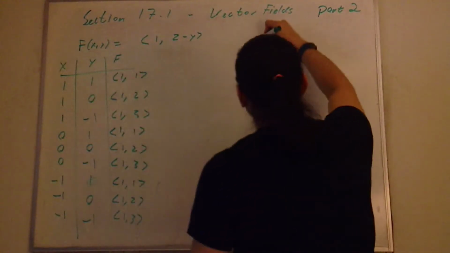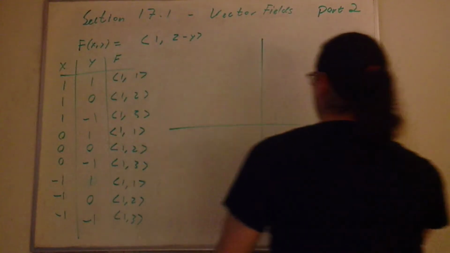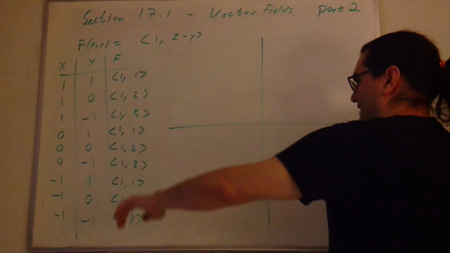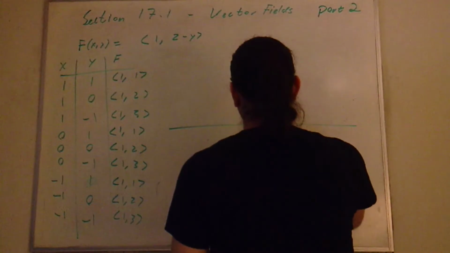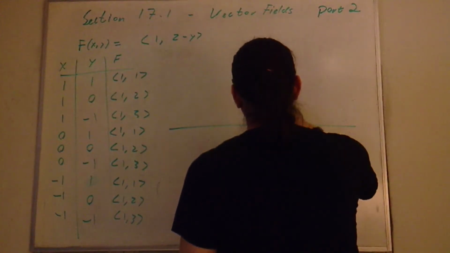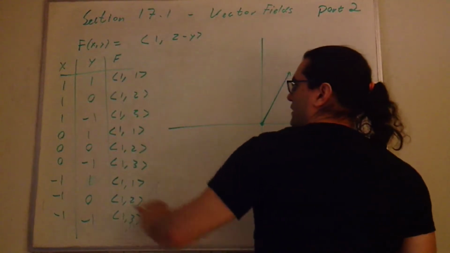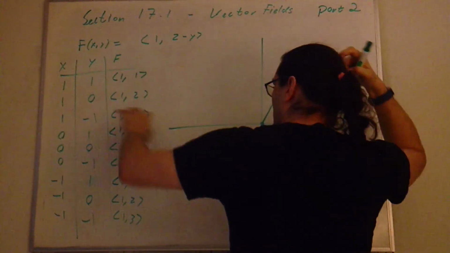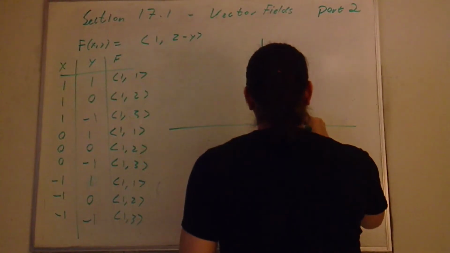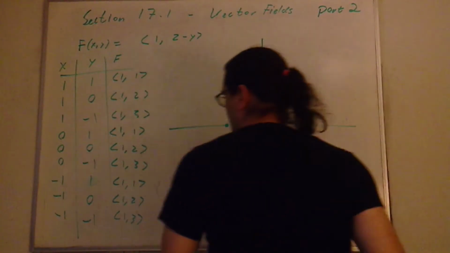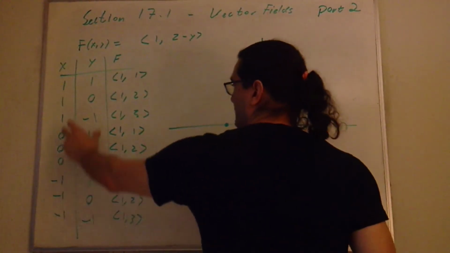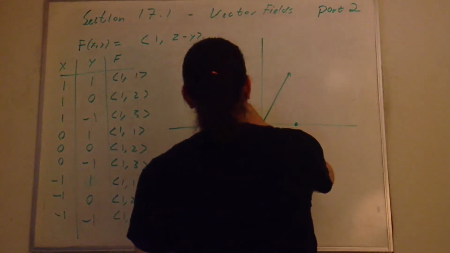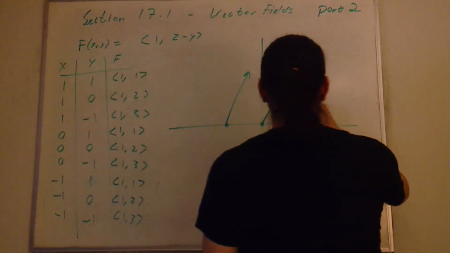So let's see what this thing looks like. At 0, 0, I'm going to get the vector 1 comma 2. So it's going to be doing one of these. If I change the x value to get negative 1, 0, 1, 0, I'm getting the same vector.